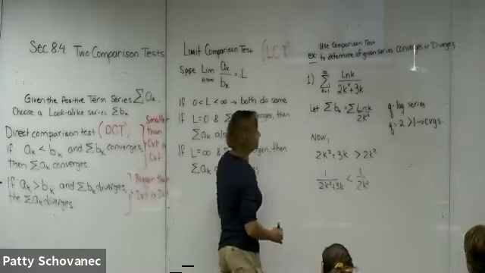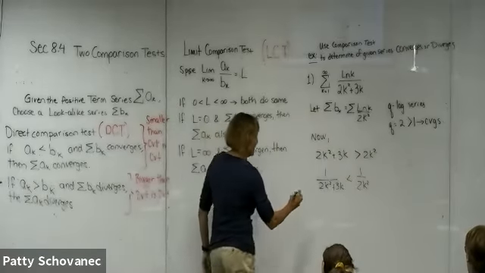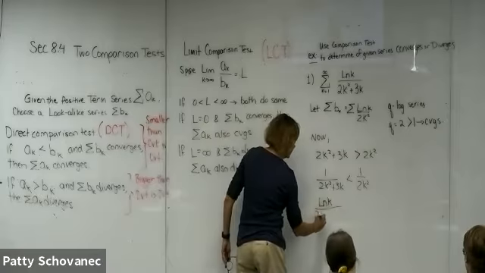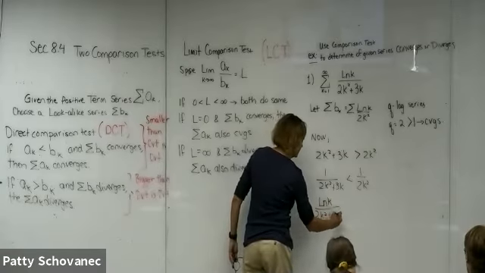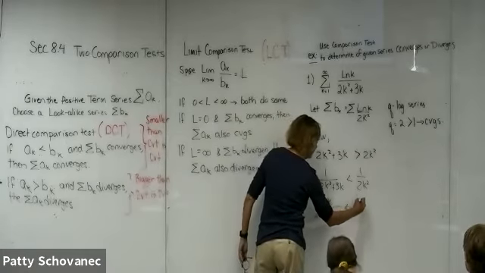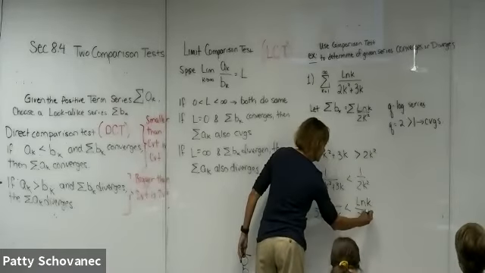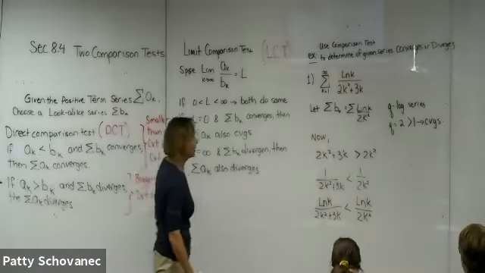And now if I multiply both sides of that inequality by the natural log of k, I have that my given series is smaller than a convergent series. And so now I state my conclusion.